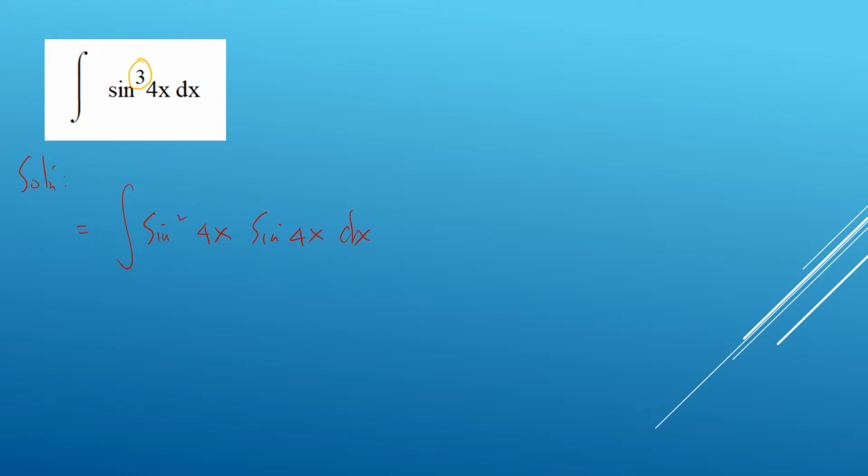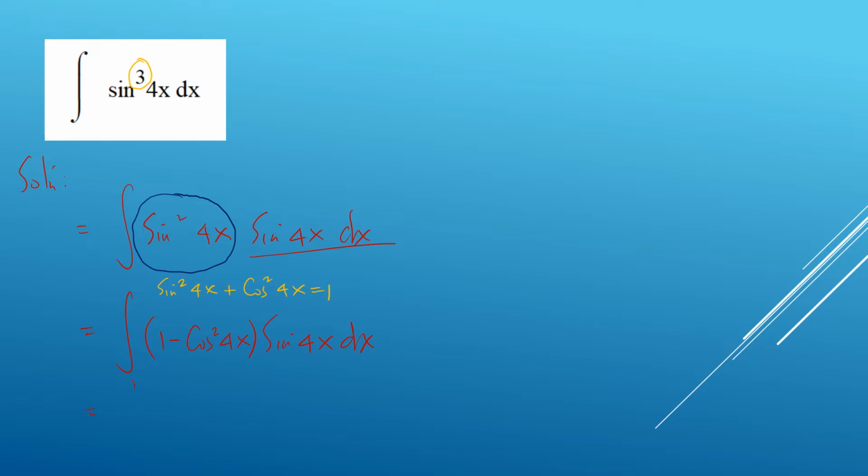The factor sine squared 4x will now be expressed in terms of cosine using the identity sine squared 4x plus cosine squared 4x equal to 1. So sine squared 4x is 1 minus cosine squared 4x, times sine of 4x dx.